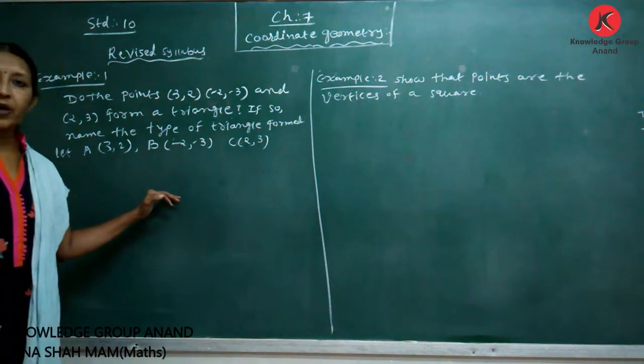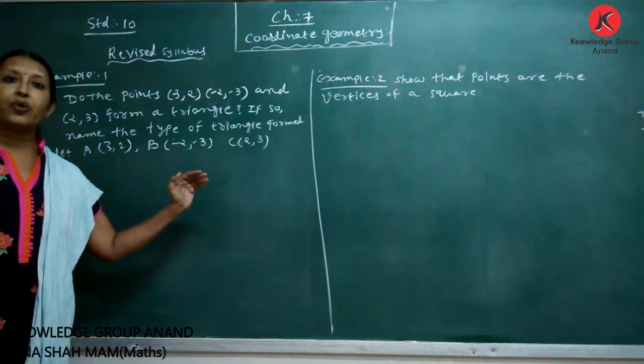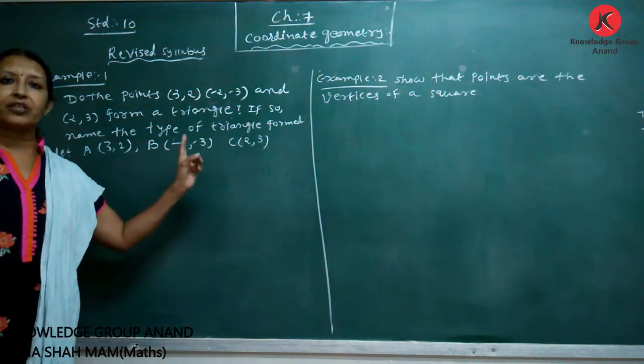Here we use the distance formula: the distance AB is equal to the square root of (x1 minus x2) whole square plus (y1 minus y2) whole square.